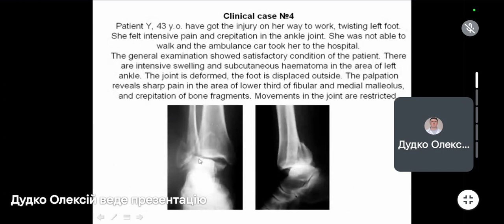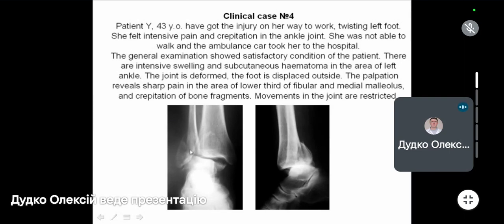So the X-ray tells you what? Here we have the distal part of tibia, and this part should be here. So this is a medial malleolus. It is avulsed, fractured, and displaced. So it is displaced from this place to this place. Lateral malleolus is also fractured.